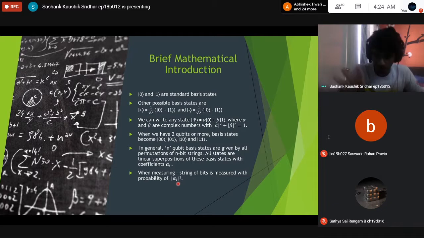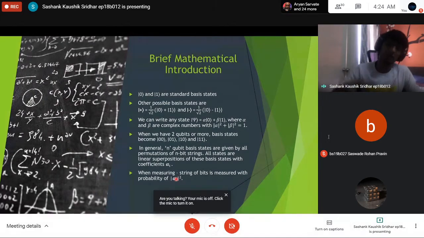This is a fundamental law of quantum mechanics. For a state in a linear superposition, each coefficient's mod square represents the probability of measuring that state. So when it collapses to one of the basis states, say 110, the coefficient next to 110 tells you how many times it will collapse to 110 if you have multiple copies of the same state and measure each time.